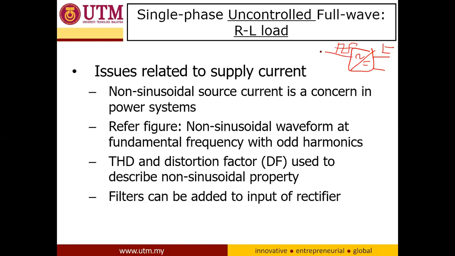So before going to the TNB, it will set an RLC filter, so that after filtering, the TNB will see that the current is sinusoidal. This is what I call the filter added at the input side of the rectifier.